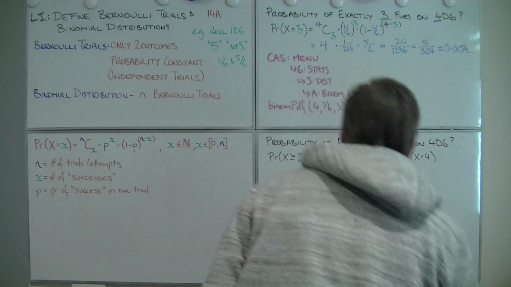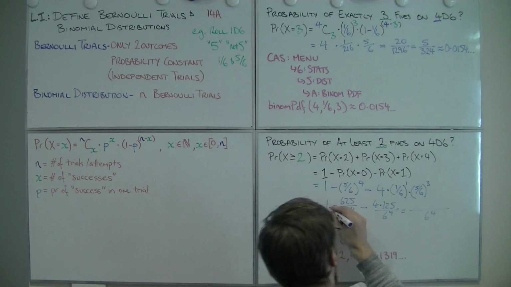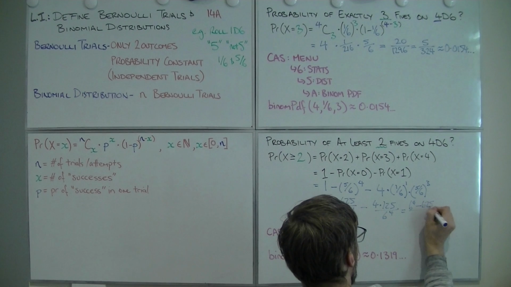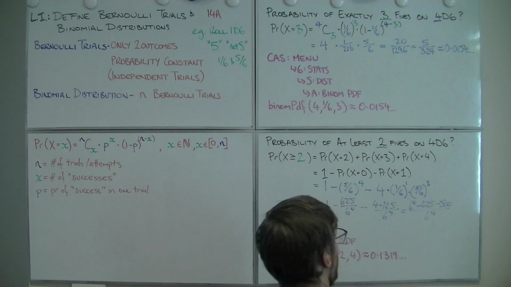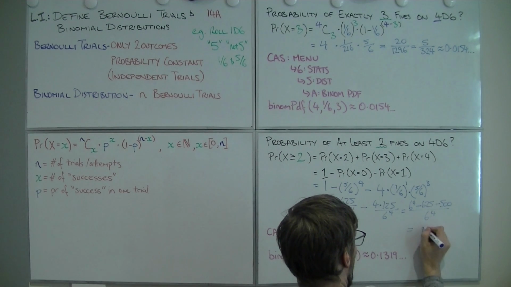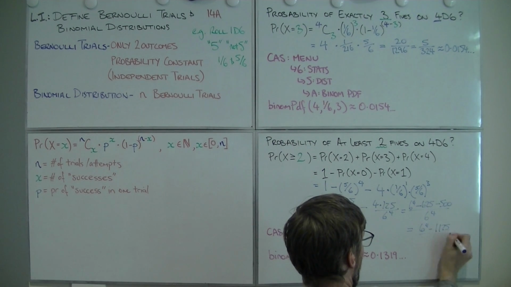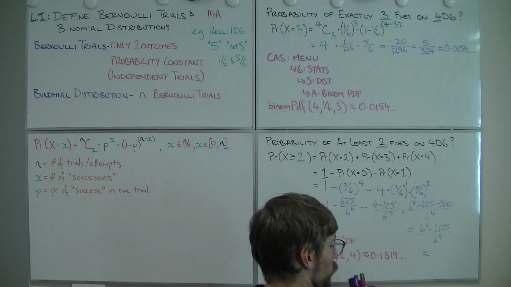Now hopefully we notice we've got all 6 to the 4s on the bottom. So we can say, okay, this is 6 to the 4 minus 625 minus whatever this is, 500. Cool. So we could simplify that even further and say 6 to the 4 minus 1125 over 6 to the 4, which roughly equals some terrible number, I'm sure.